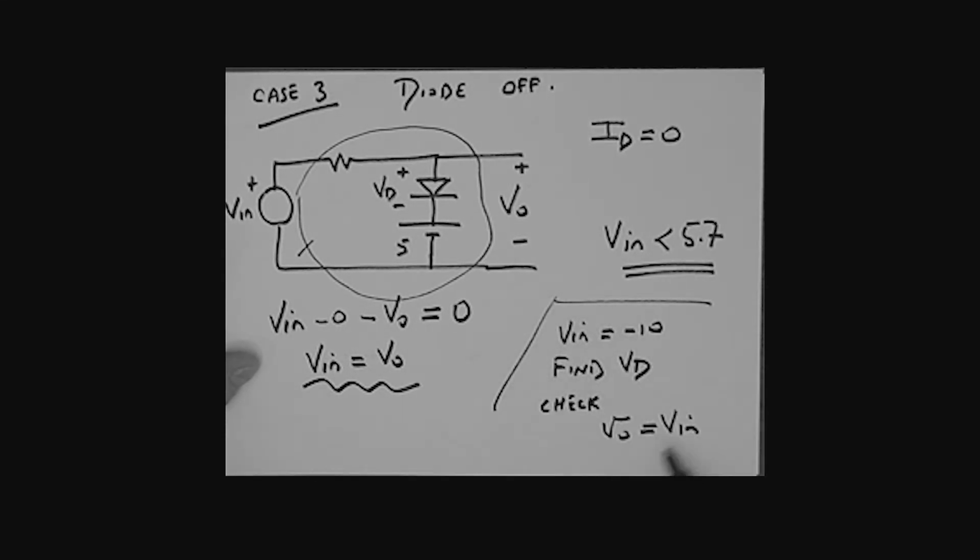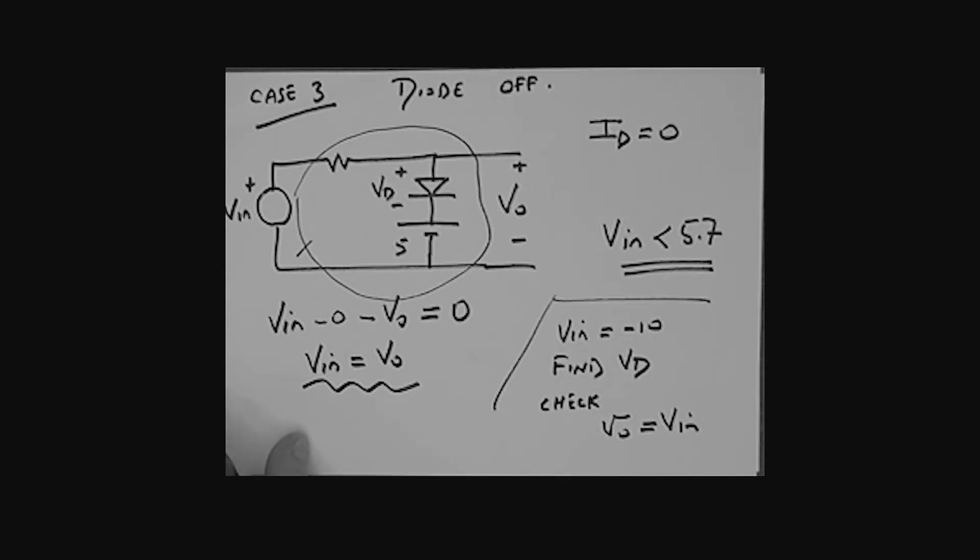So that's a little problem I'd like you to go away and think about. Basically, it's a very easy little problem. You can do it by way of loops, and just have a look at that. Remember, the diode is off in that particular case. All right, diode off, current in the circuit is 0. We're looking at the condition where V in is a minus 10.